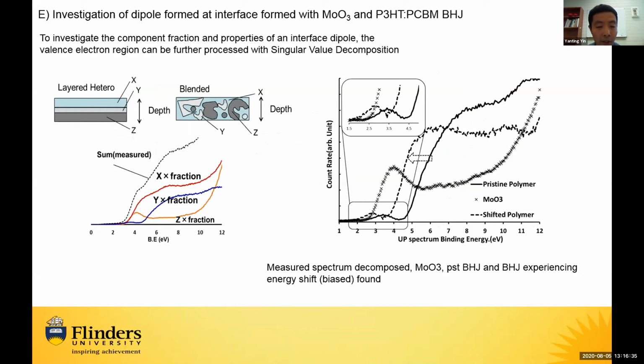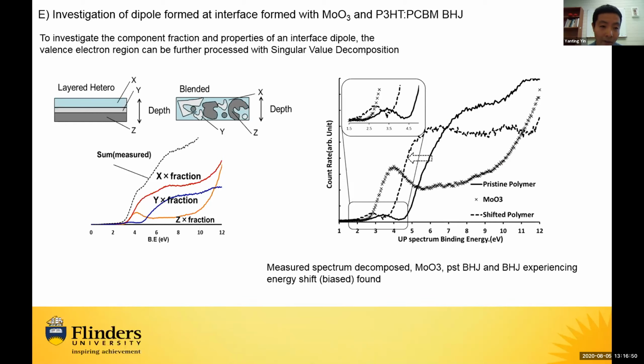For example, once we have a measured spectrum, this spectrum actually consists of 3 different materials, for example X, Y, and Z, whether they are layered or blended.